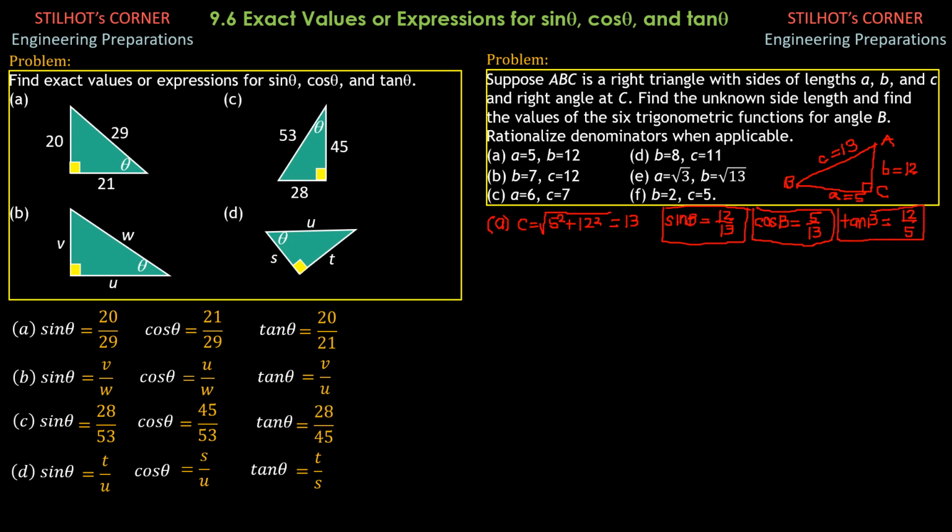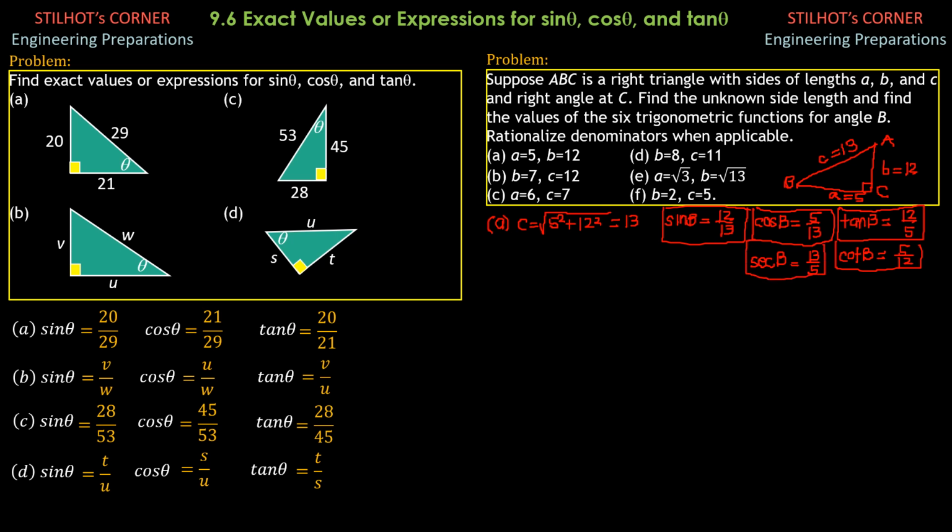Then for the reciprocals, the reciprocal of tangent is cotangent of B, so it is just adjacent 5 over opposite 12. The reciprocal of cosine is secant of B, and that is equal to hypotenuse 13 over adjacent 5.